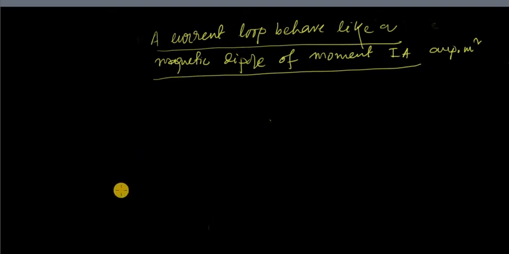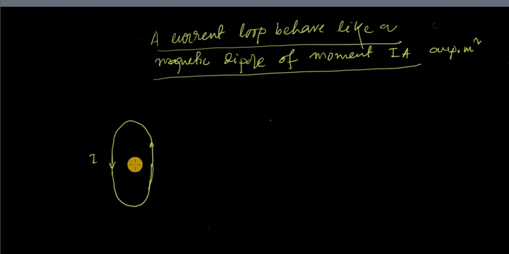Okay, to prove this, suppose we have already derived from the Biot-Savart law. Suppose this is our coil or loop of current, a circular loop of current. Current is flowing in this direction.